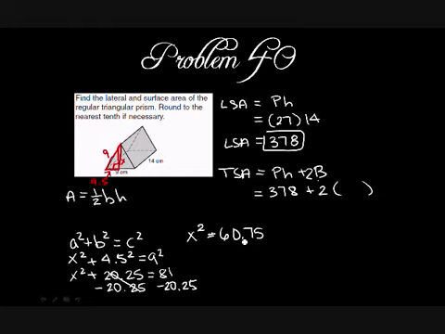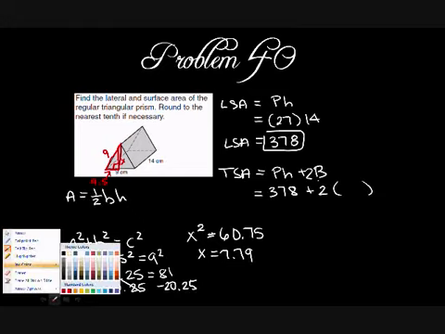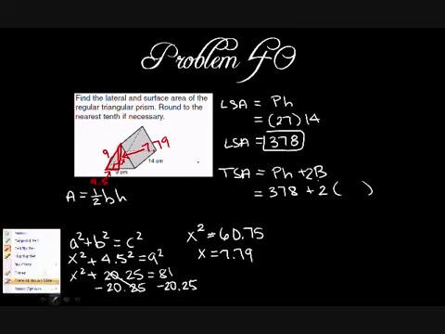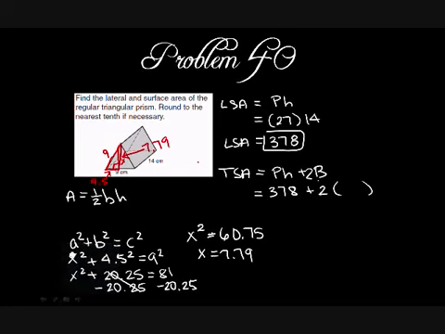And then if we take the square root of both sides, x equals 7.79. And some of you guys have already noticed that we already did that particular triangle with the Pythagorean theorem before, so hopefully you recognized it and just went straight to it. But that means that our height is now 7.79. Okay, so now we can go back to our area of the base part that we're trying to figure out here.